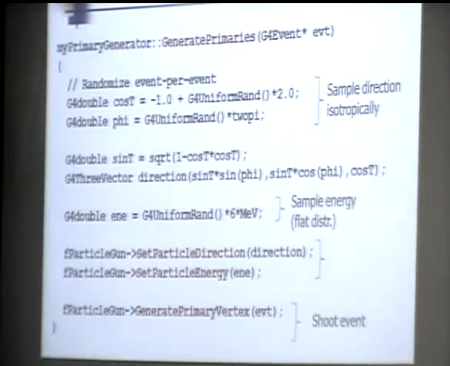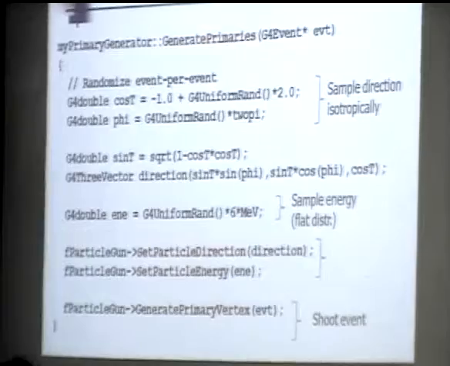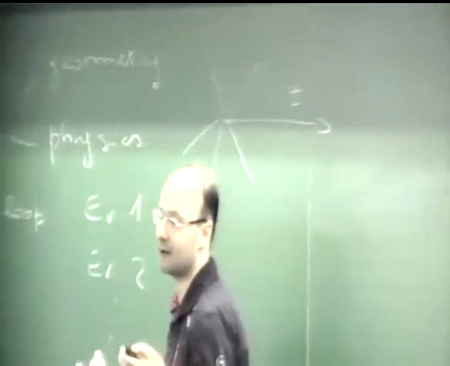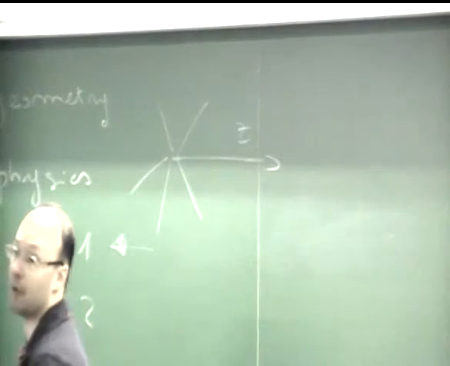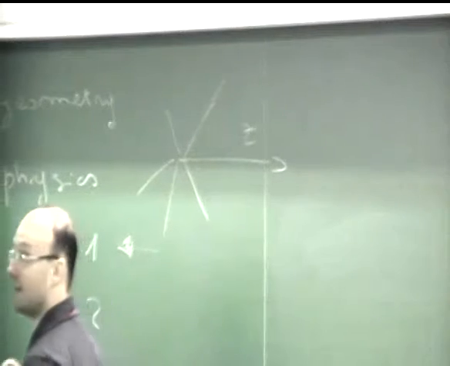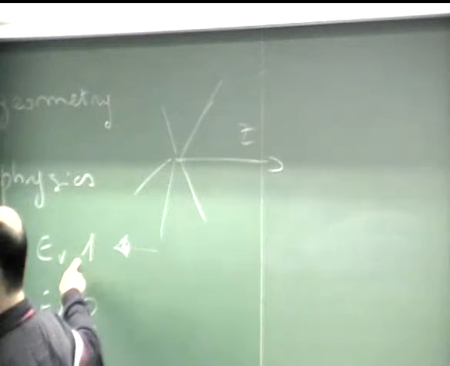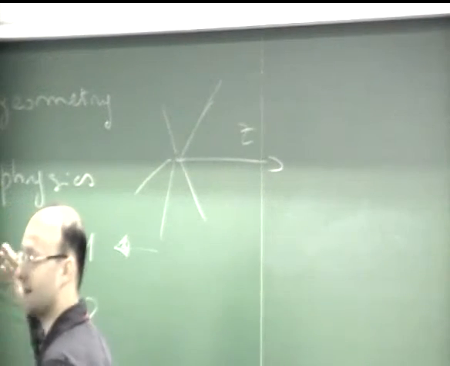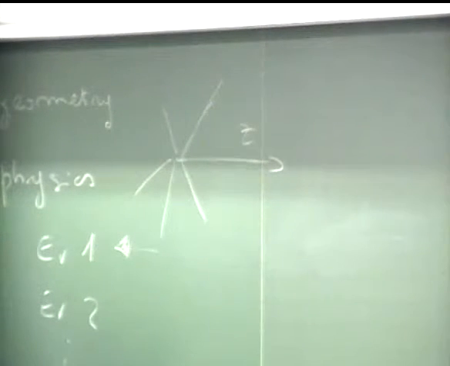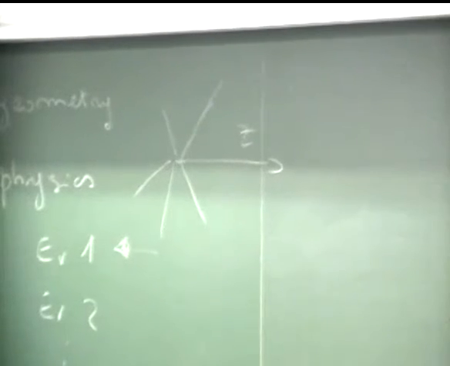I don't want a beam going in a given direction, but I want particles to be shot in all directions with the same probability, like a radioactive decay. So I have to select a different direction event by event: event 1 will have a given direction, event 2 another, event 3 another, and I have to sample this direction using random numbers.